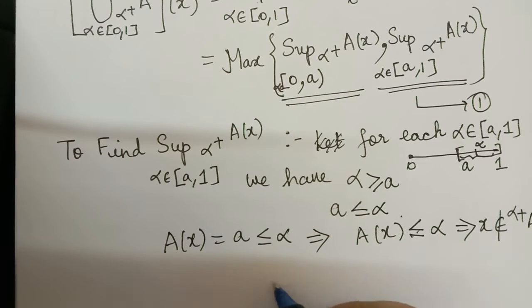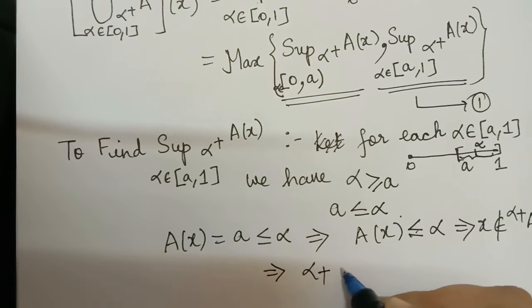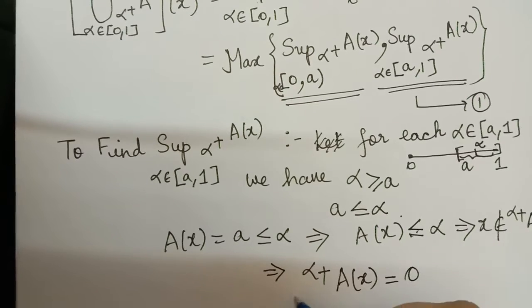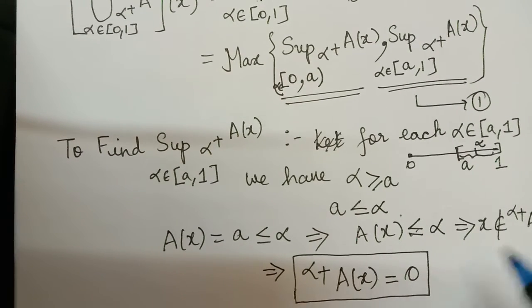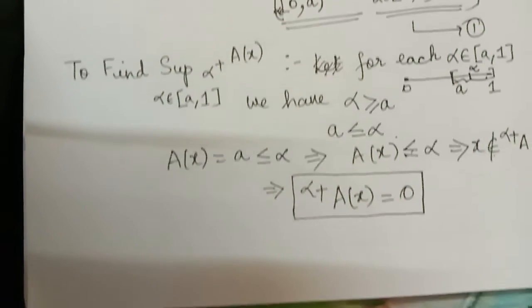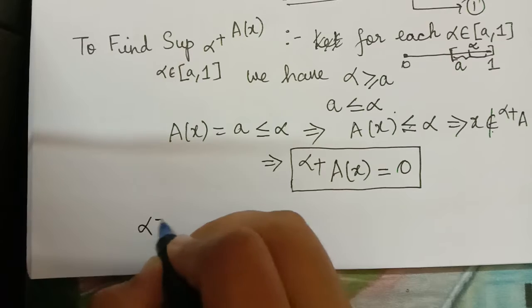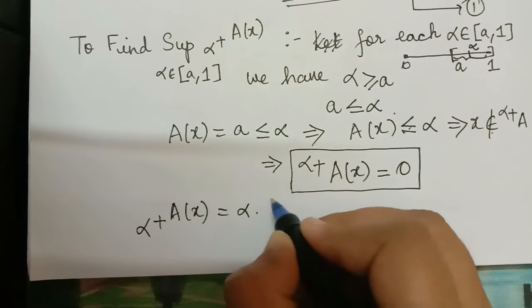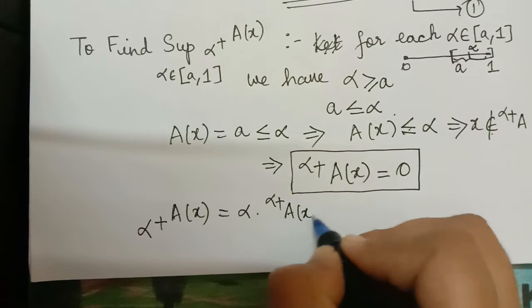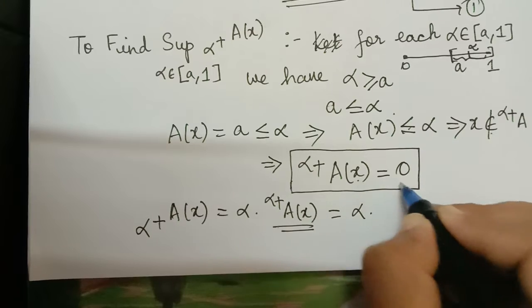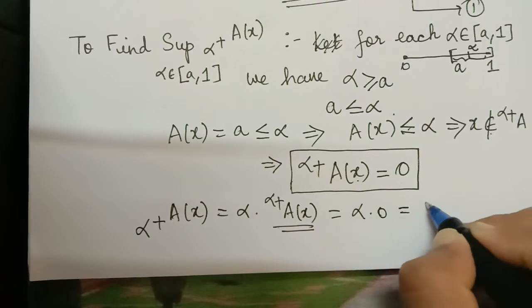If x is not an element of the strong alpha cut, then the special membership function with respect to the strong alpha cut will be equal to 0, because if it is not an element, it has to take the value 0. So the special fuzzy set at x, which is alpha multiplied with the strong alpha cut of A at x, is alpha multiplied with 0, which is equal to 0.